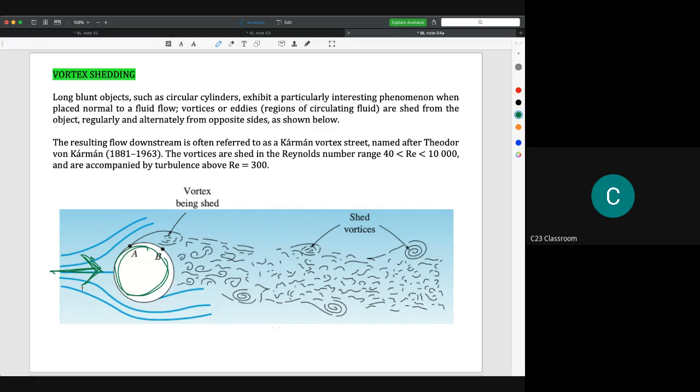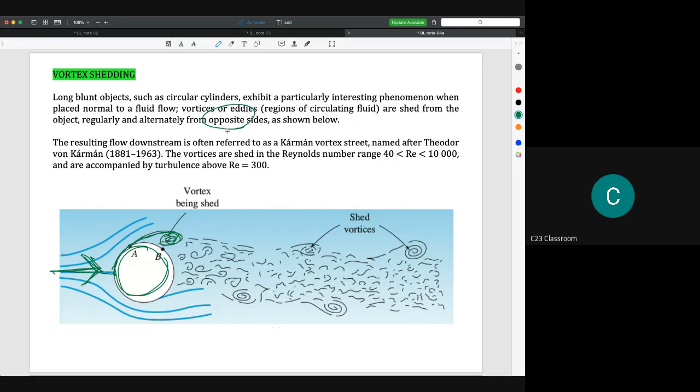And then the flow will go around like this, and because of the difference of pressure actually, it will get a reverse flow, and the vortex becomes here. And the interesting fact is actually it occurs alternately from opposite sides here.